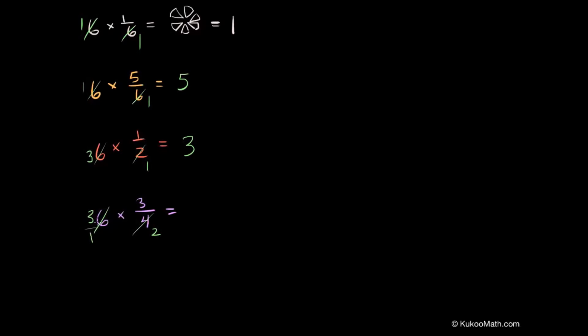So it's basically like multiplying 3 times 3 and then 1 times 2. But we don't have to always do that. We just multiply the integer directly with the numerator and bring the denominator over. So 3 times 3 is 9, and then 1 times 2 is 2. So our answer is 9 halves.